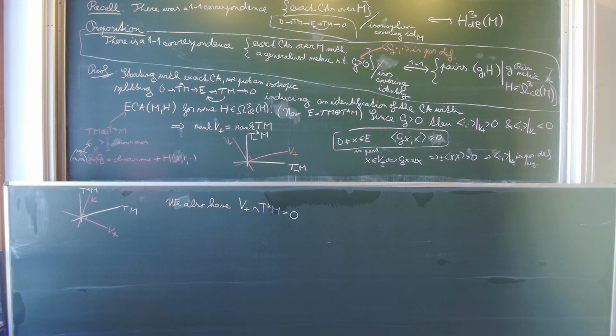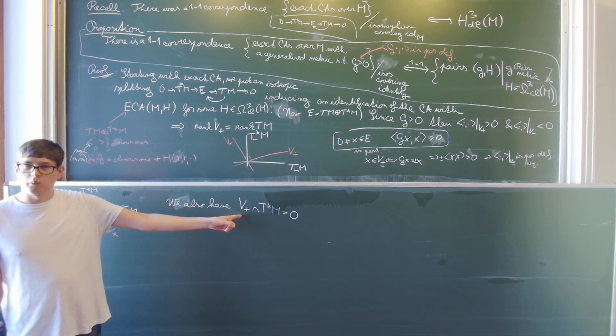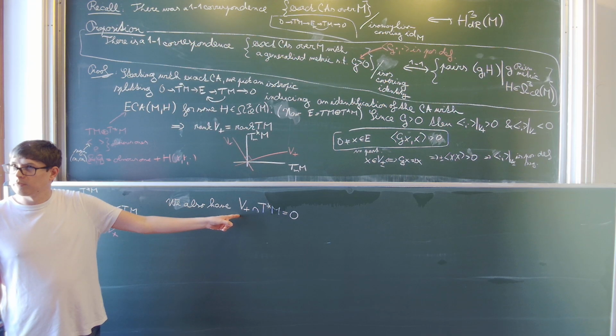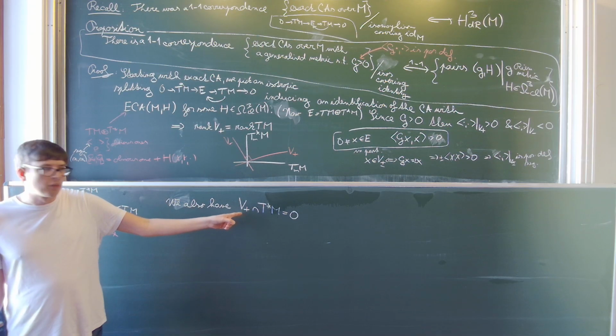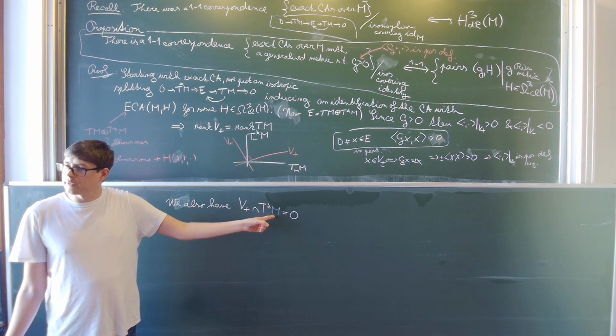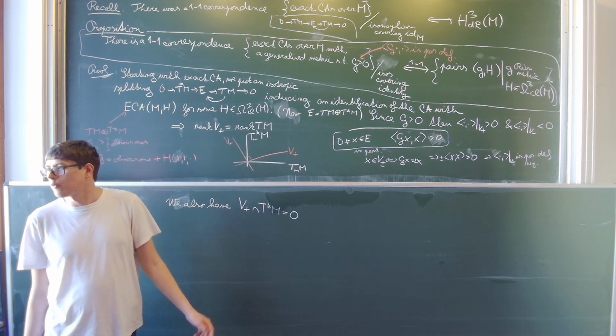So the hint is that you should think about the inner product. How does the inner product work? If I take any non-zero vector here, what is its inner product with itself? It's positive. But if I take something in T star M, like in the intersection, well, it's both zero and non-zero.